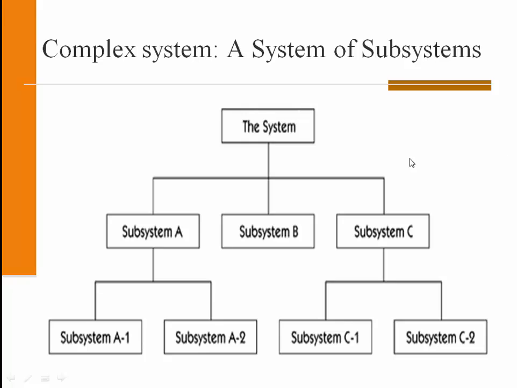As you look at this slide, you can see there is a system which has been partitioned into subsystem A, subsystem B and subsystem C. And again, it is further partitioned or refined into subsystem A1 and subsystem A2. Similarly, subsystem C is refined into subsystem C1 and subsystem C2.